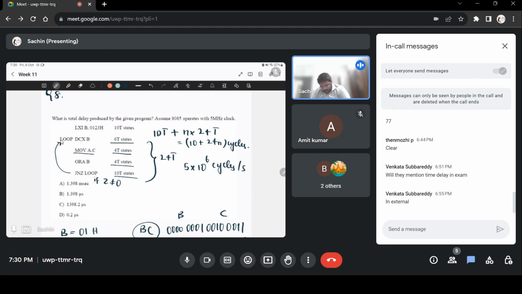We only have to worry about DCX and ORA B.